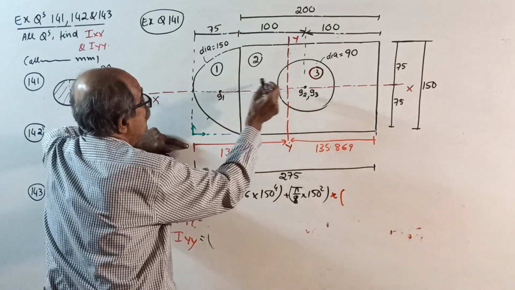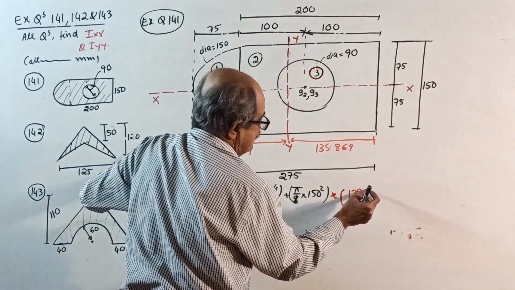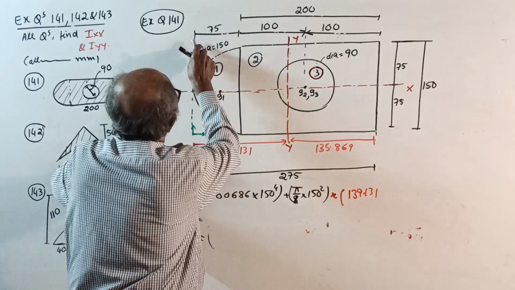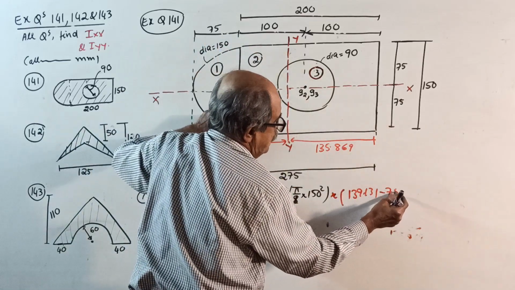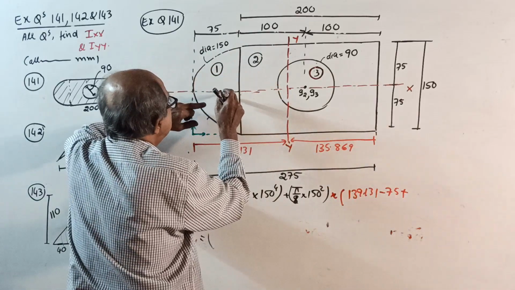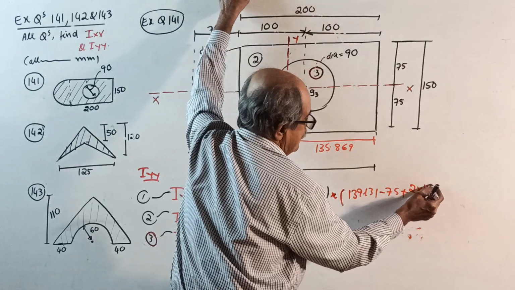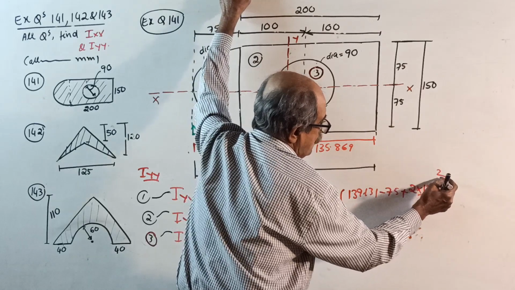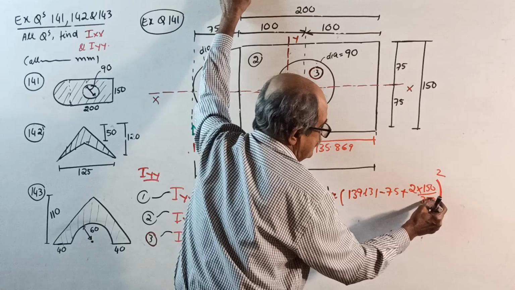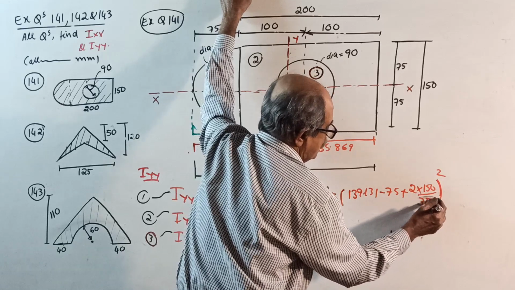From centroid to here is 139.131. 139.131 minus 75 will give you this distance, minus 75 plus this distance, which is 2 into diameter 150 divided by 3 pi, whole squared. This is pi actually. Okay, I'll put it neatly, pi divided by 3 pi, whole square.